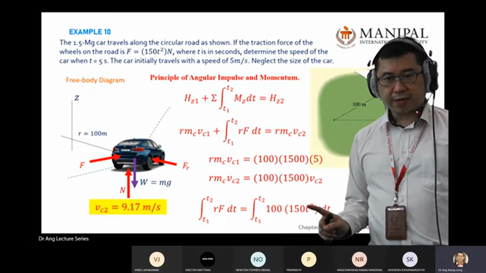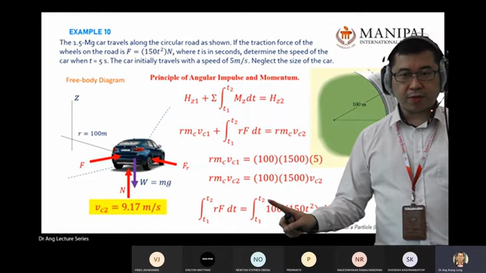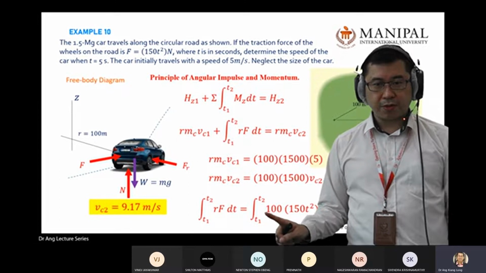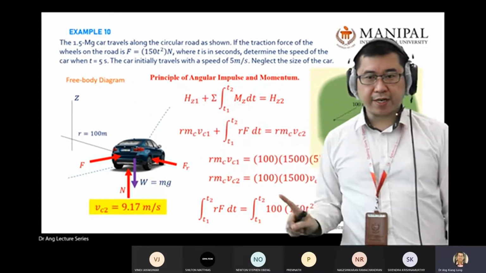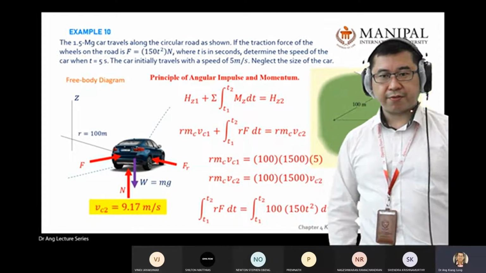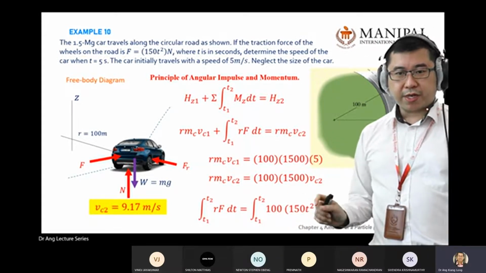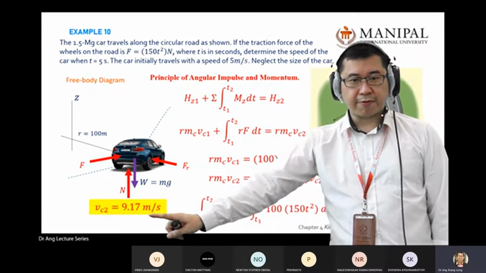After you integrate, with time from 0 to 5 seconds, since the question asks for 5 seconds, you rearrange the equation, and the answer is 9.17 meters per second.